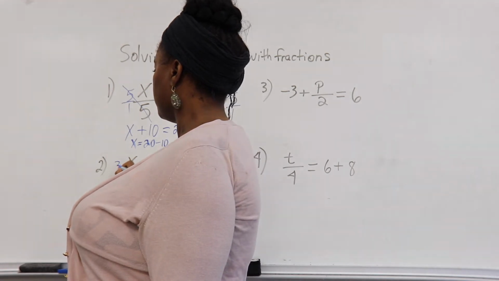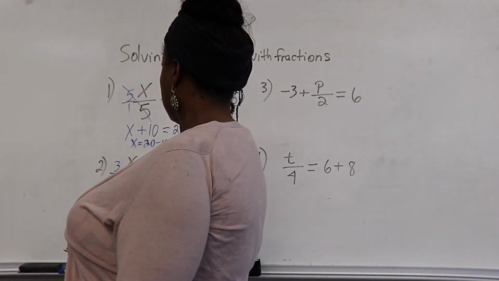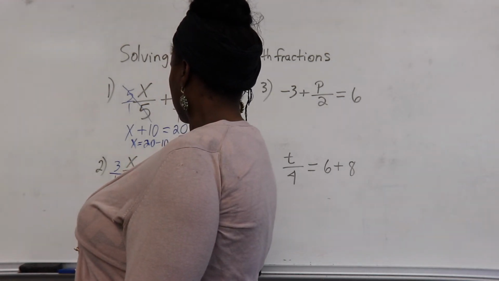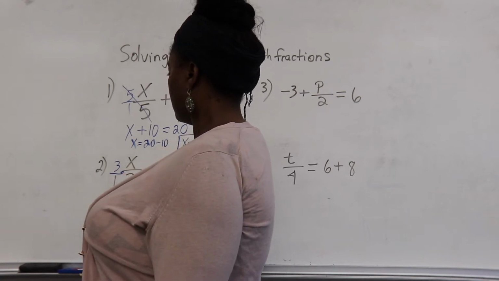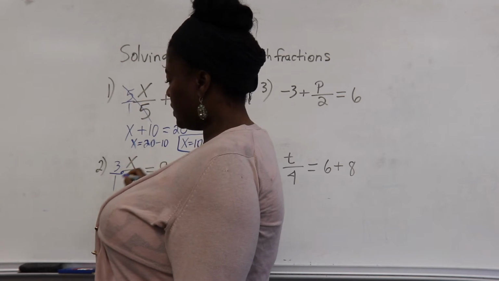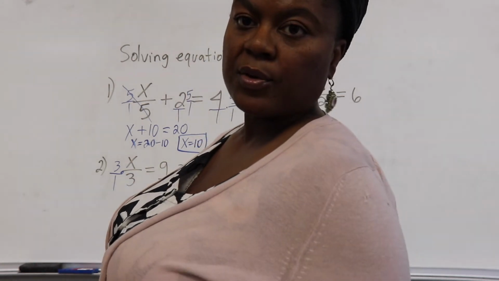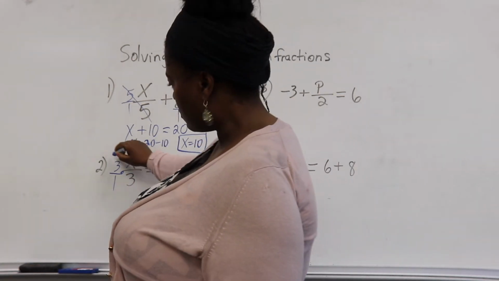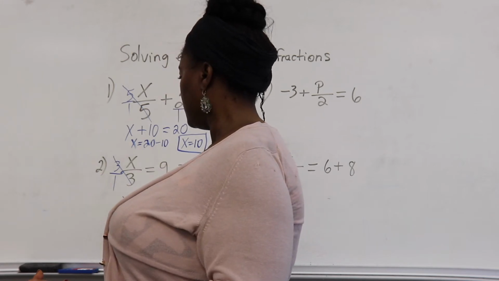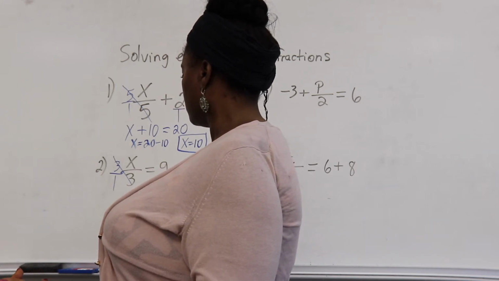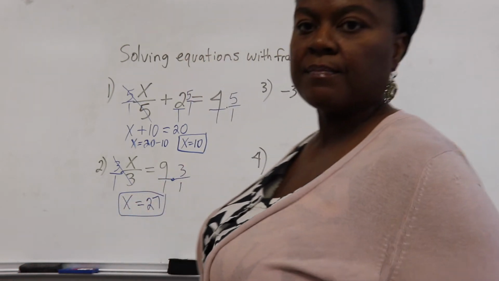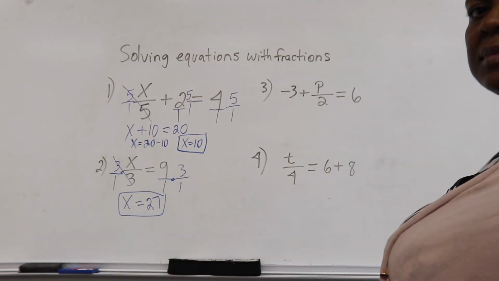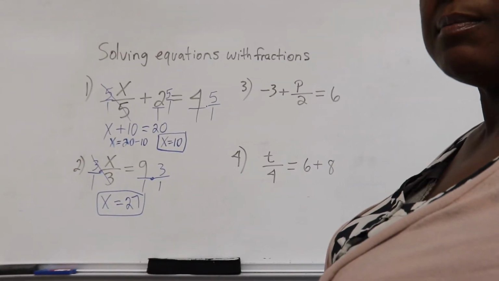So that's 3 over 1, 3 over 1. Okay, so we know that it will be 3x over 3, which will cancel out to be x equals 27. Okay? All right. So let's go over some.